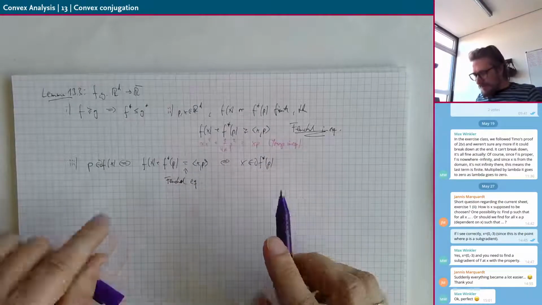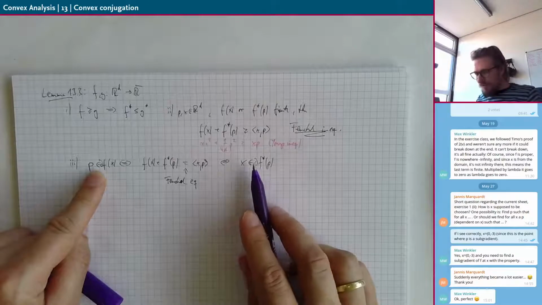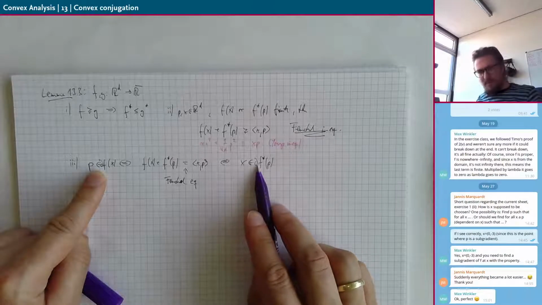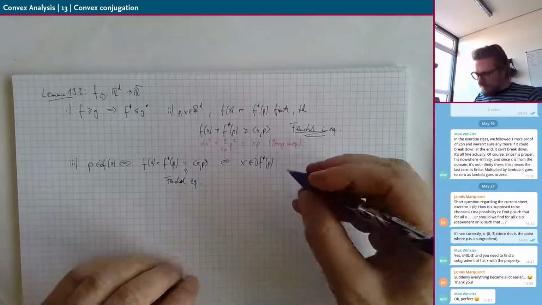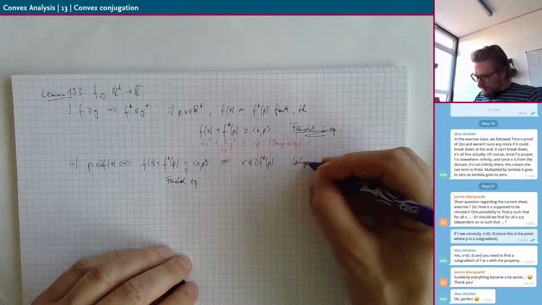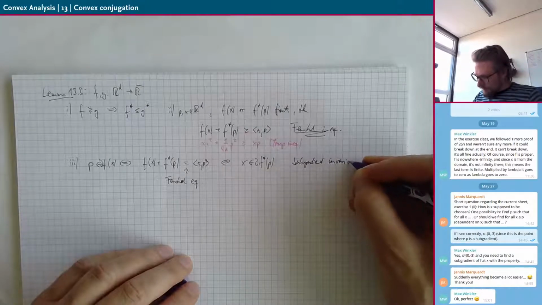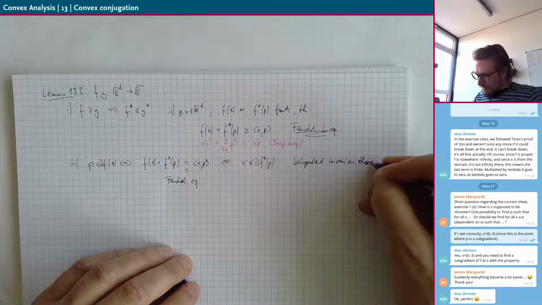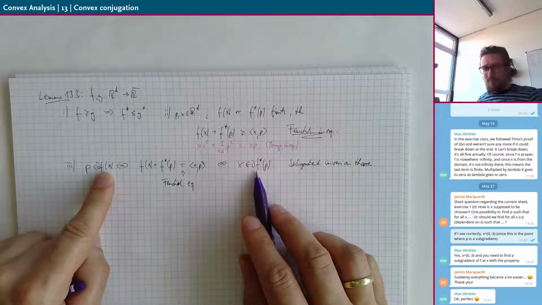The fact that p is in the subgradient of f at x if and only if x is in the subgradient of the conjugate is called the subgradient inversion theorem. We're going to talk about this also when we come to monotone operators.